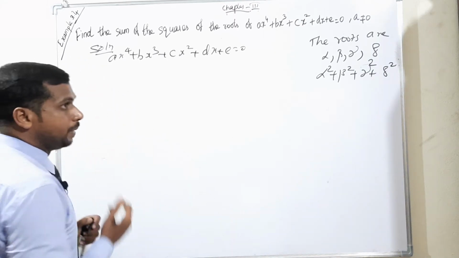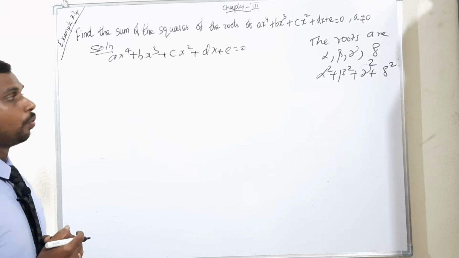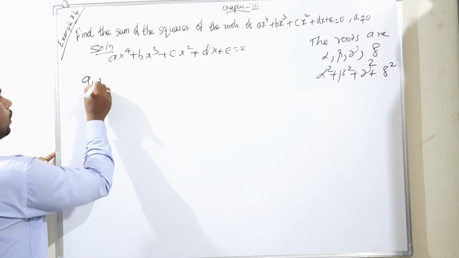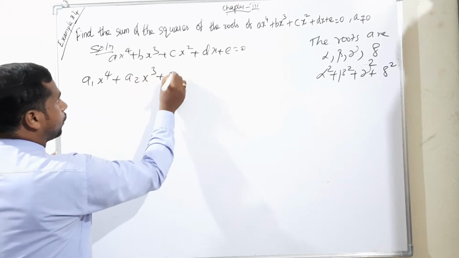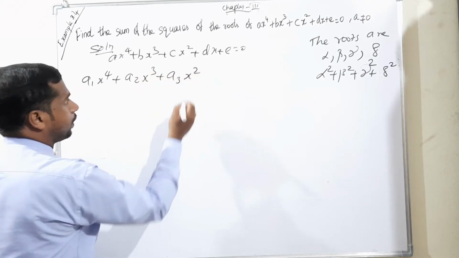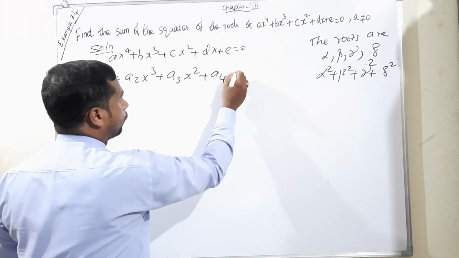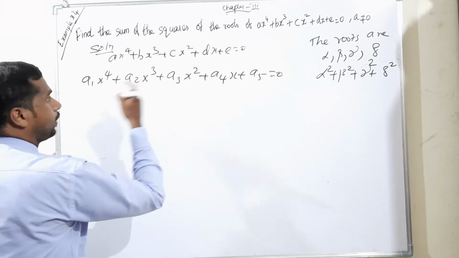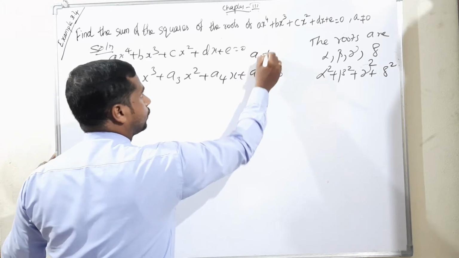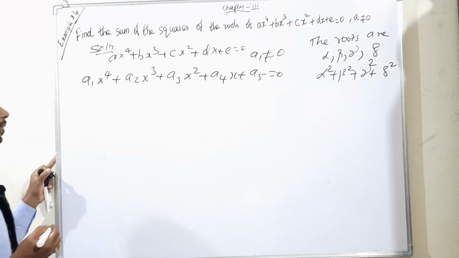So what is the basic general form for degree 4? a1 x to the power 4, then a2 x cube, then a3 x square, a4 x, a5 is equal to 0. What is the main condition? The leading coefficient a1 is not equal to 0.